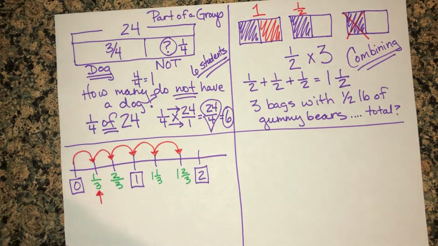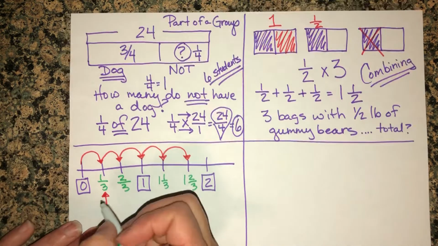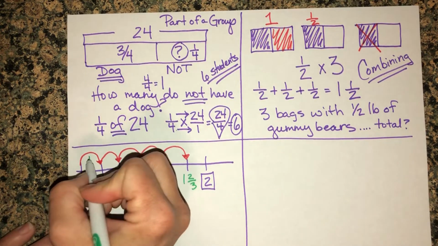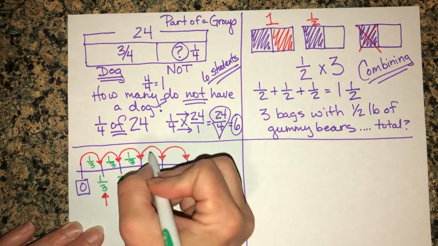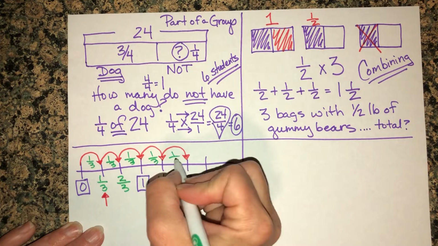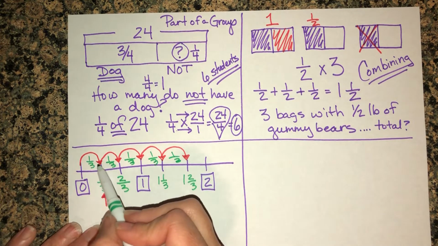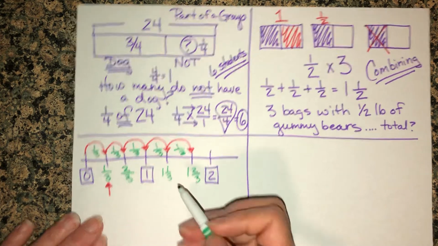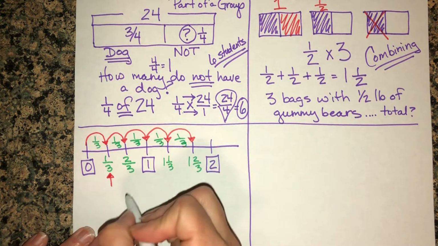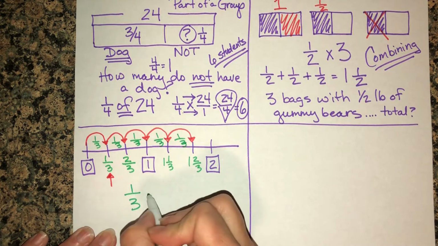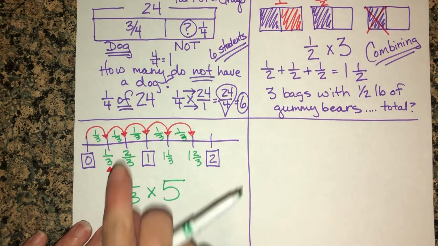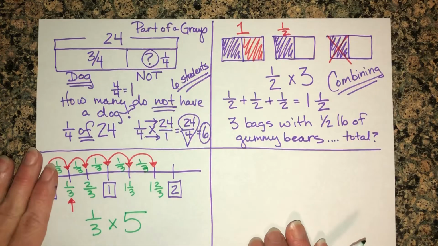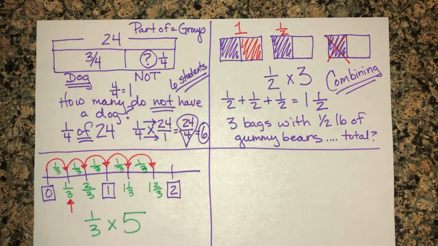I jumped 1/3 again. This is just 1/3 all the way down. So every time I hop over, I'm just doing 1/3, 1/3, 1/3. How many times did I do that? 1, 2, 3, 4, 5 times. This shows 1/3 times 5. And this is another way you'll see them represented.